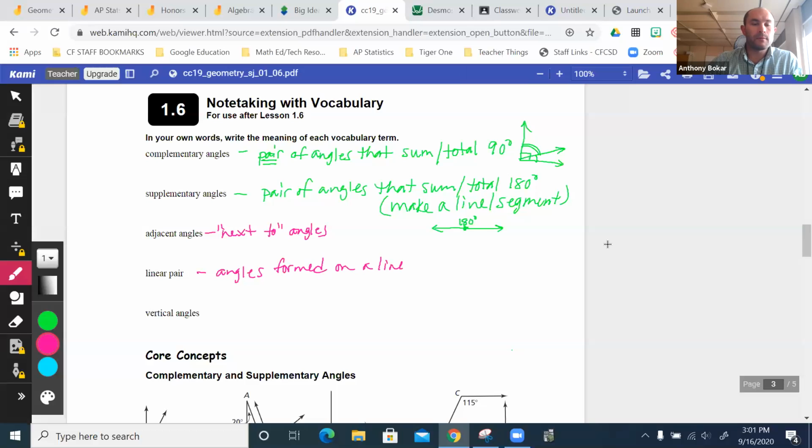Look at a picture of that. Vertical angles, angles that are sort of across from each other. We'll look at a picture of that.